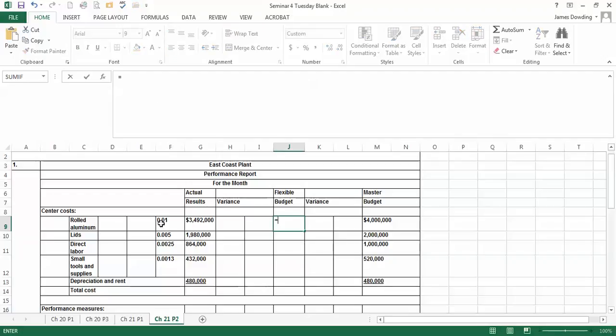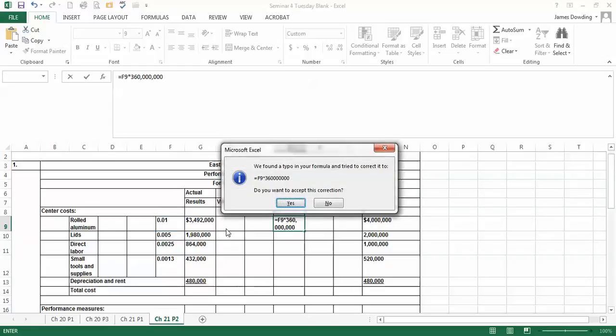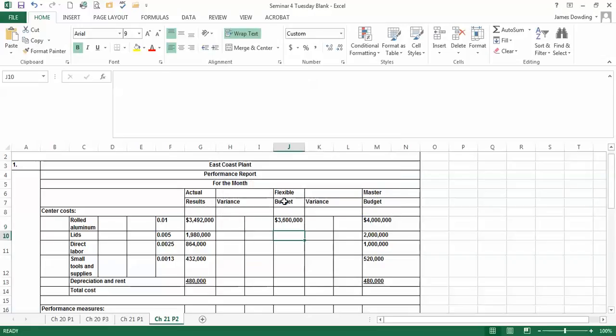We're going to take the 0.01 times 360 million, and we get a number of $3.6 million.